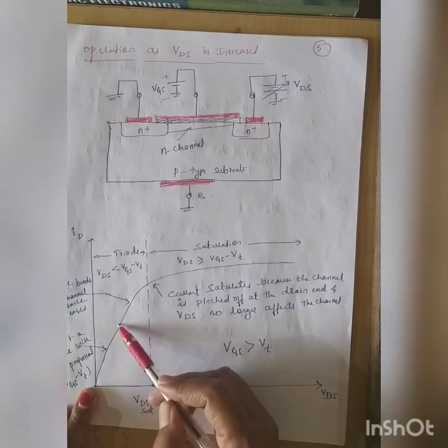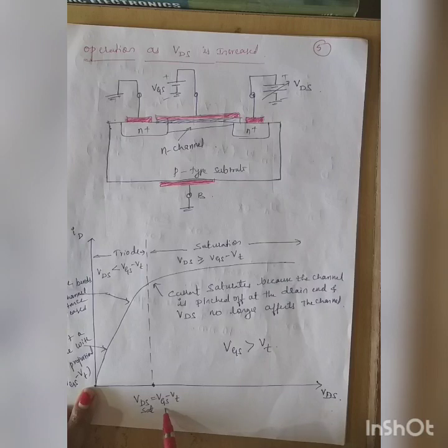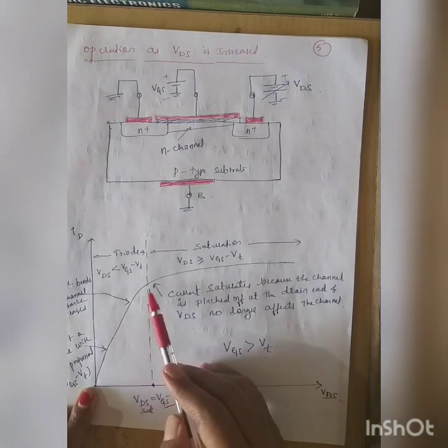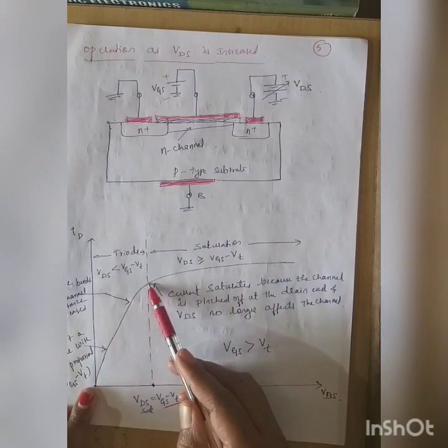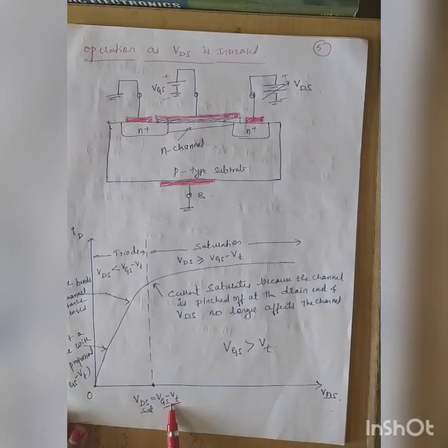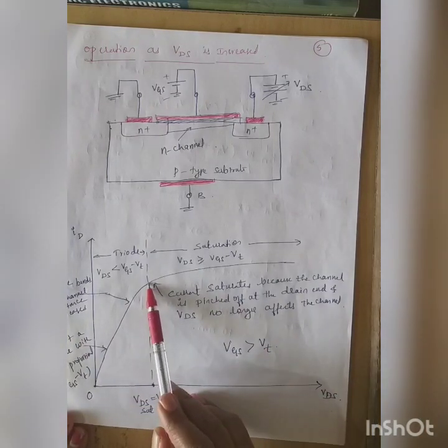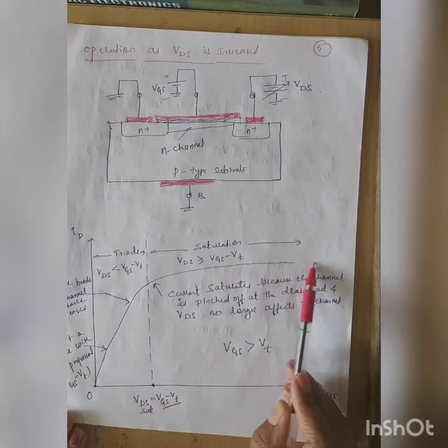As the value of VDS reaches the level of VGS minus VT, what happens? The current saturates. Initially it is increasing like this, and as VDS reaches this value, that is VGS minus VT, the current saturates. Saturates means it almost remains constant, no increase.